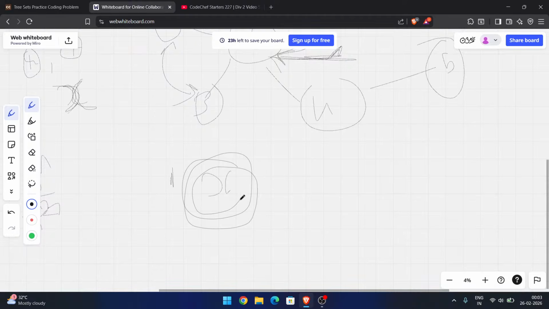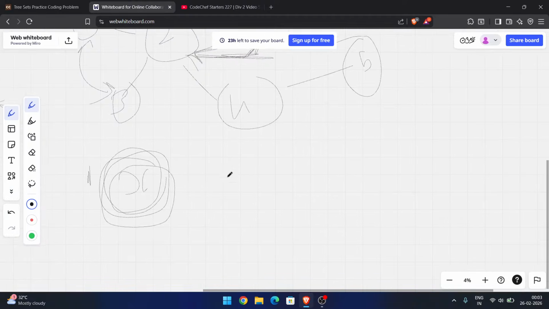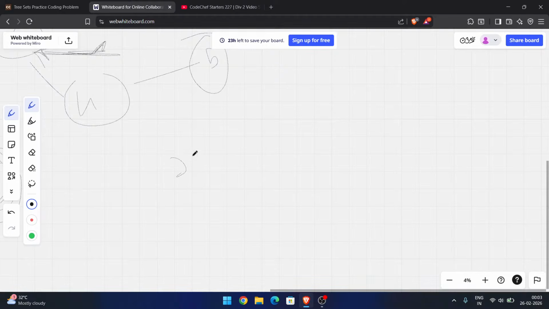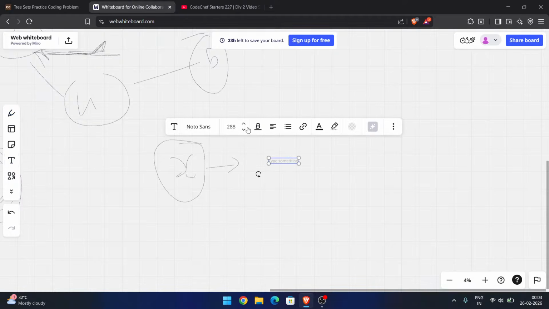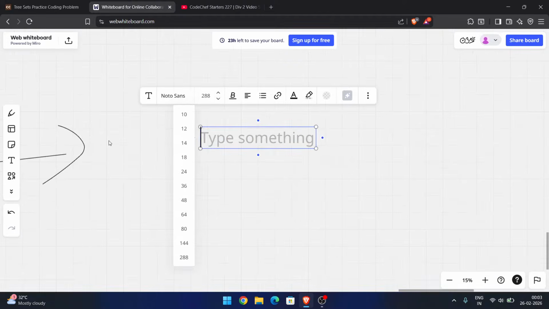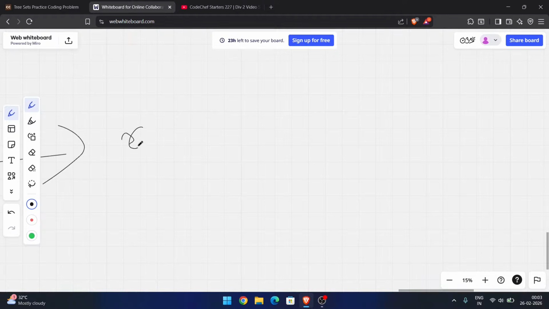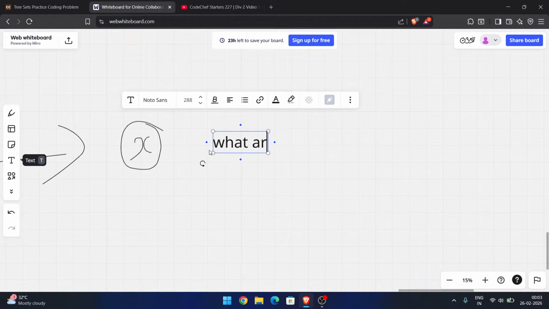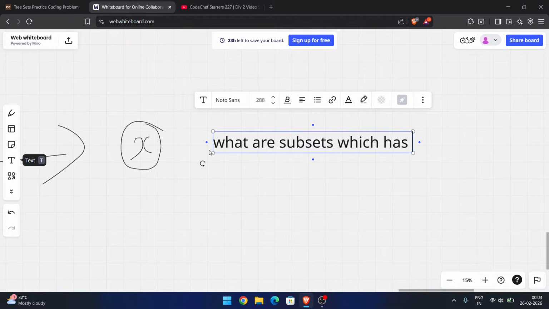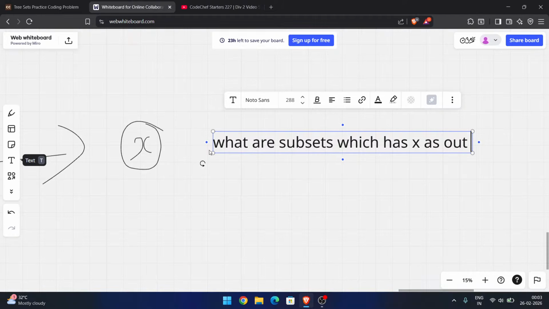What I mean is, for any vertex X, let us calculate the subsets which have X as our center.